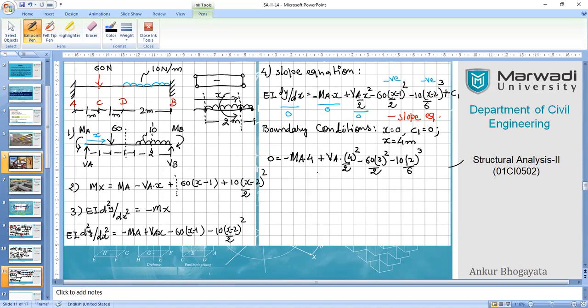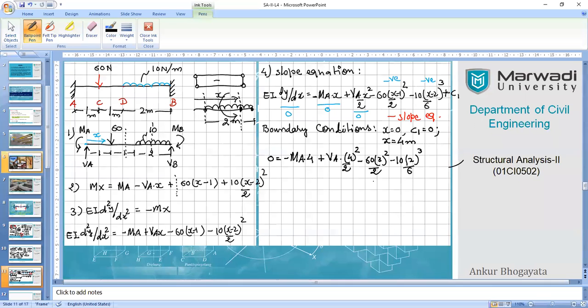This will provide us an equation, because we have two unknowns here, MA and VA. So we'll keep this as one of our equations secured for further usage. We'll keep it as it is and simplify the two numerical values.